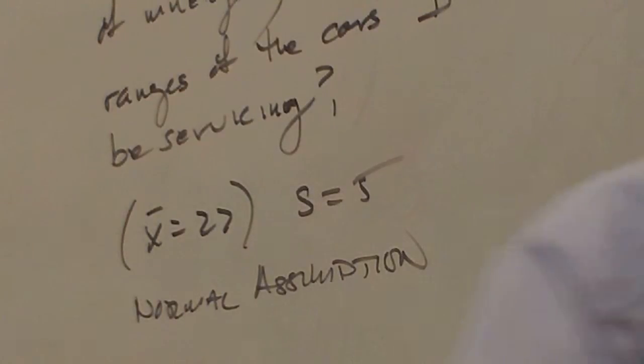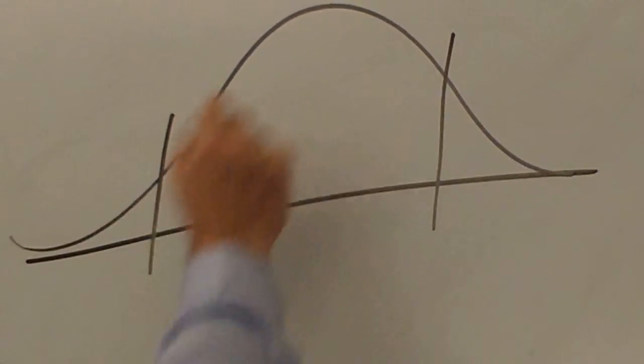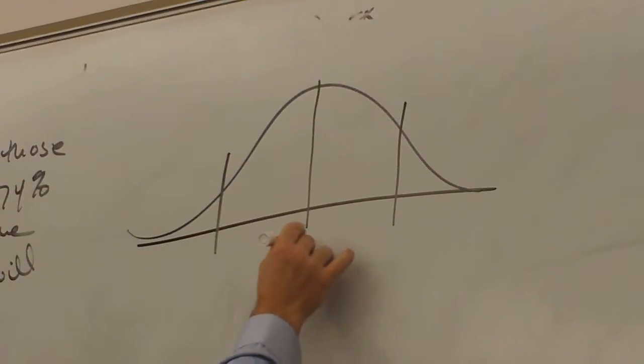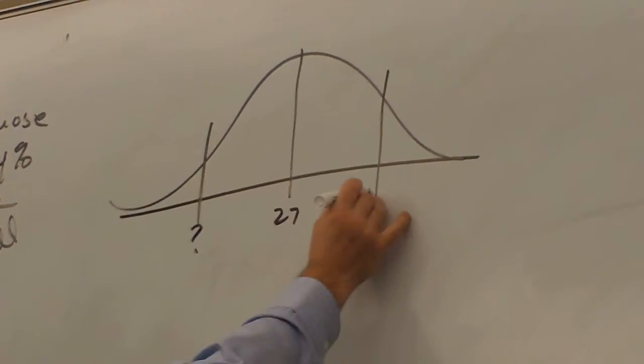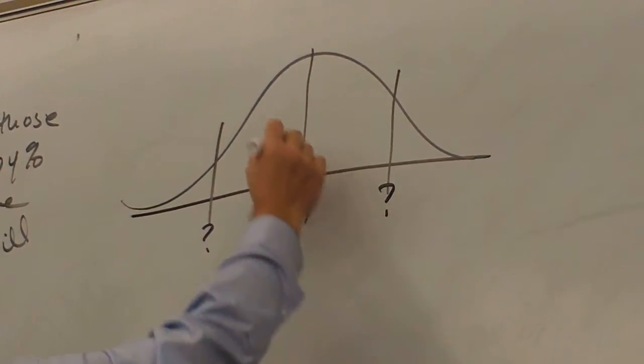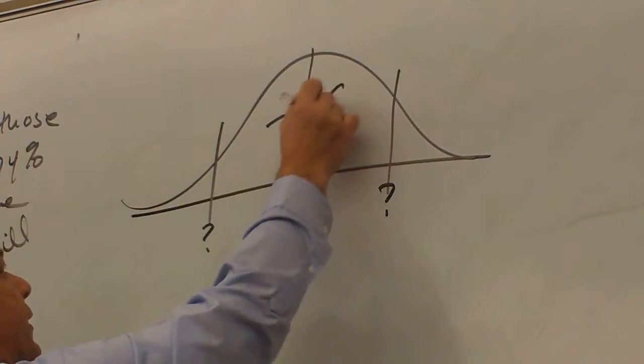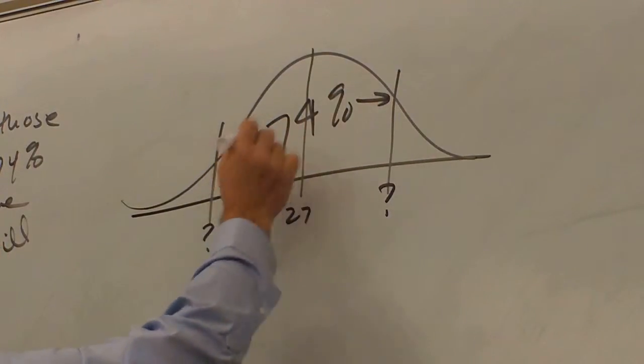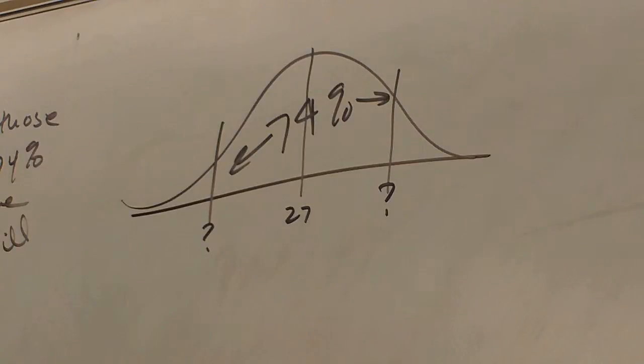Okay, so here we go. Now we're looking at it the other way. Here's my average, 27. These are the points I want to find. I want to find these 2 points such that this area is 74%. So what are those 2 points?